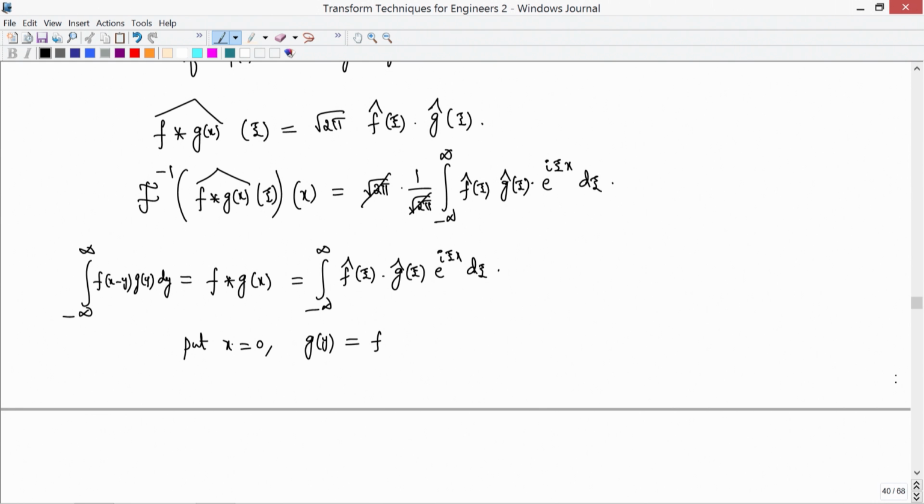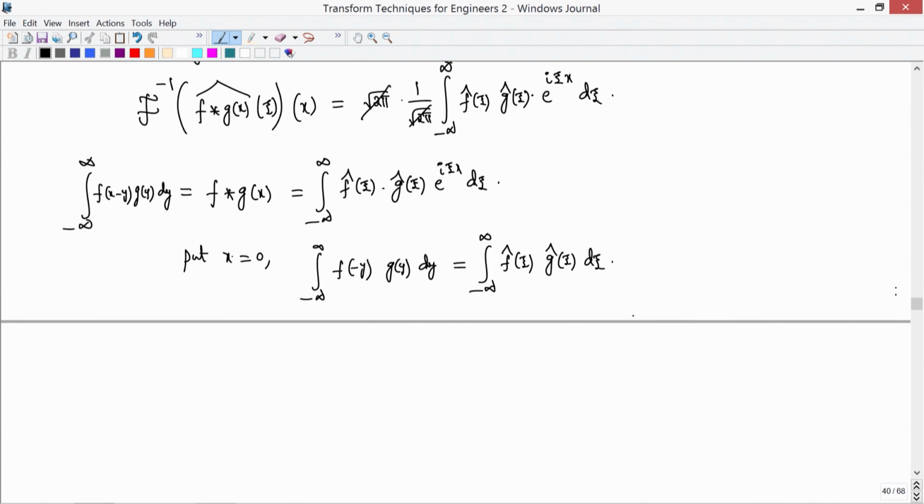Once you choose x equal to 0, let us see what happens. You get the integral from minus infinity to infinity of f of minus y g of y dy, which is equal to the integral of f cap of xi g cap of xi d xi.